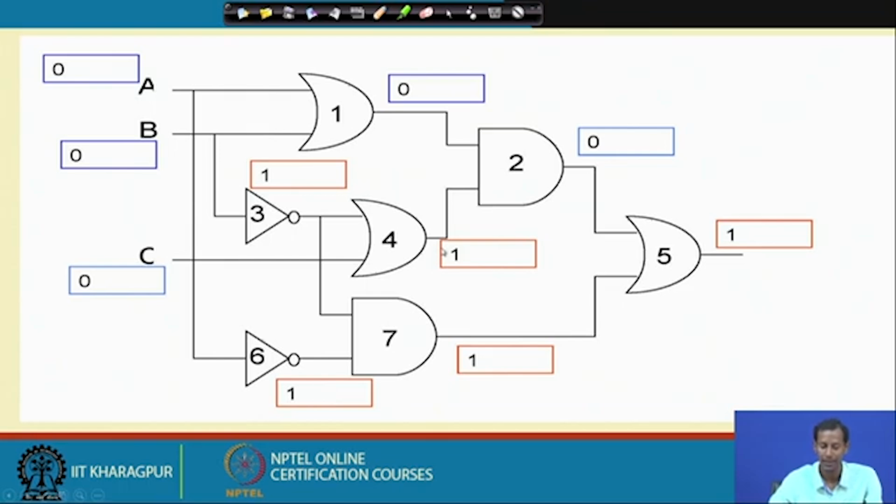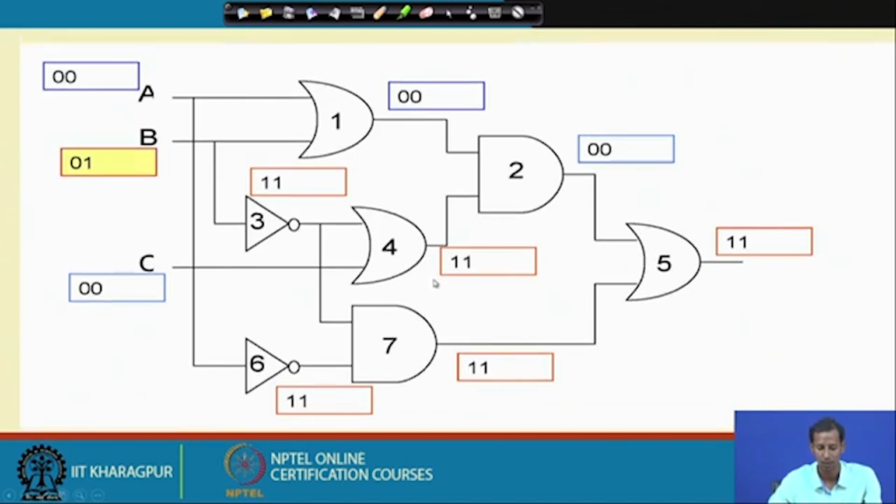Then after that, 1 and then 0, this is 1, this is 1 over here and 1 over here. So this is 1, then this is 0, this is 1, 0, this is 0, this is 1, this is 1. Now, next what will happen?